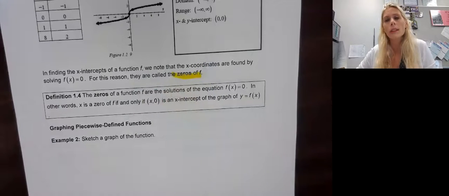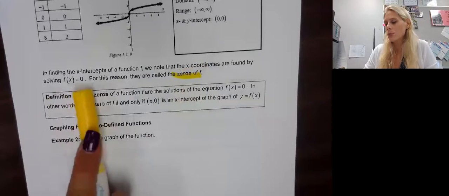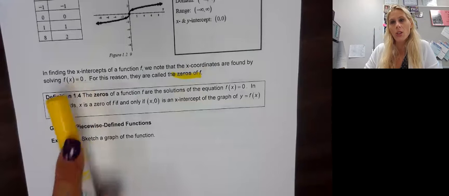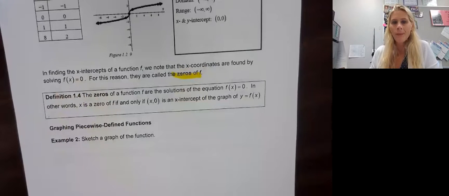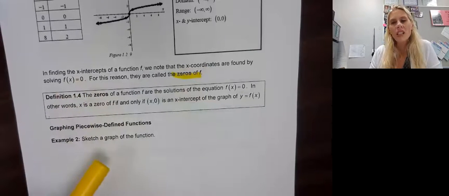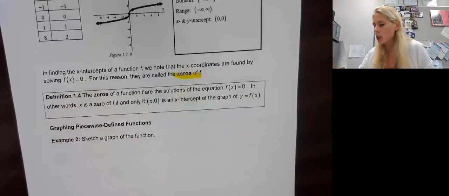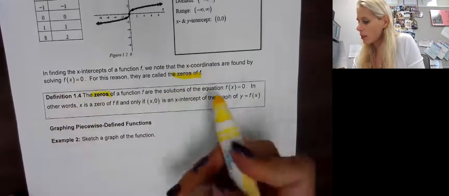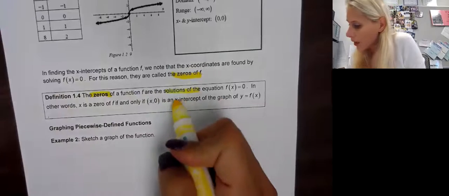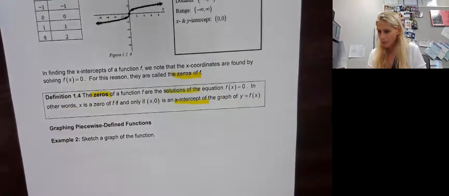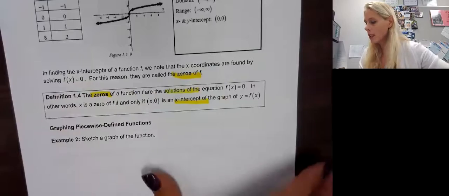Most of the time you're going to get zeros. Zeros is when you set the function to 0 and solve for x. Okay? So the official definition, the zeros of a function are the solutions. See, I said that word. Zeros are solutions, and they are also the x-intercepts. Okay? Look at me getting ahead of myself.